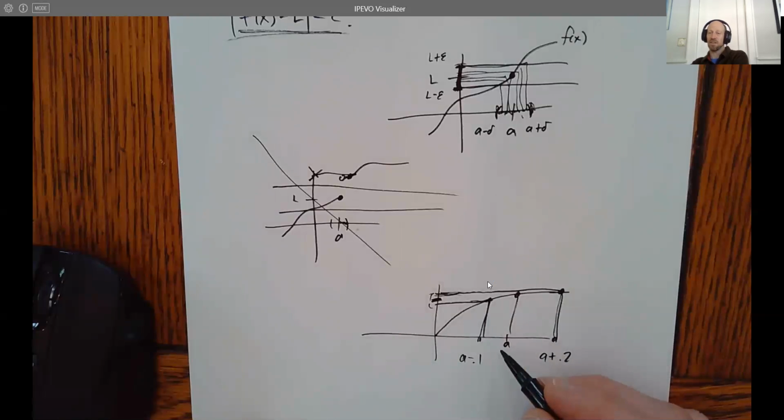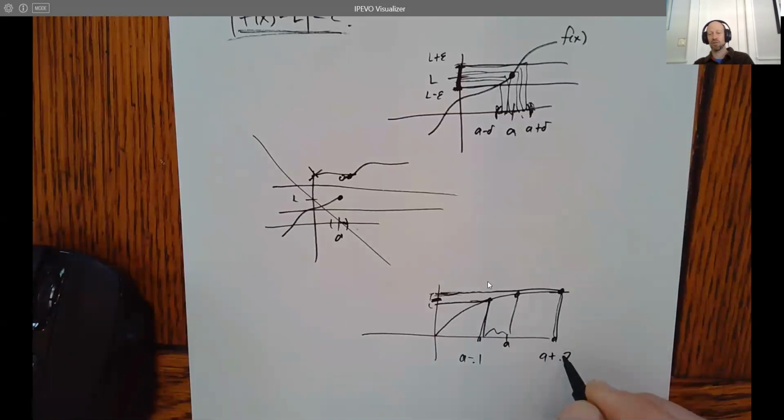So the question then is, what is our delta? Delta defines a symmetric region around A. You always want to pick the smaller delta, right? Because it's okay to be a little bit too small or have some values that are too far inside, but it's not okay to be too big.